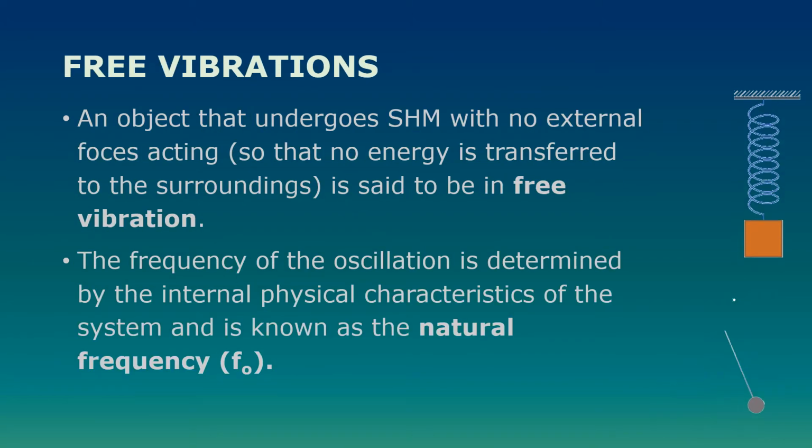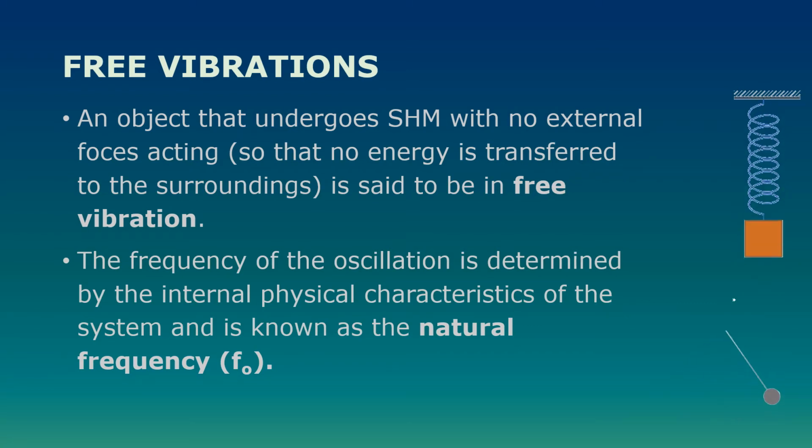So as we said, we've talked about free vibrations so far. We've not called it that to this point, but these are vibrations where there's no external forces acting to either remove energy from the system or add energy to the system. So once it's displaced from equilibrium, that's it. It's left alone. And that's called a free vibration.